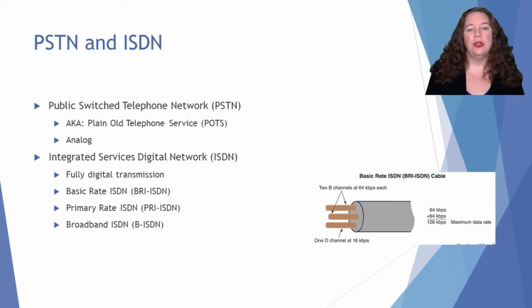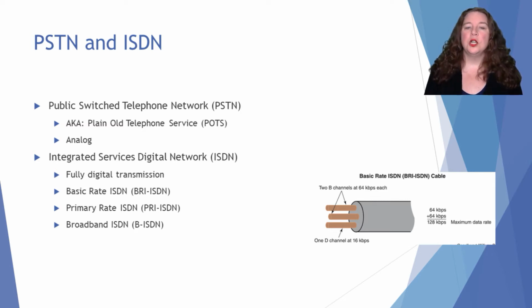But those 23 B channels get us up to a full data rate of 1.5 megabits per second. 1.544 to be specific, but 1.5 megabits per second because you have 23 of those channels, each of them going along at 64 kilobits per second. So now we can get up to 1.5 megabits per second for the primary rate. These are the 2 basic ISDNs using the B and the D channels.